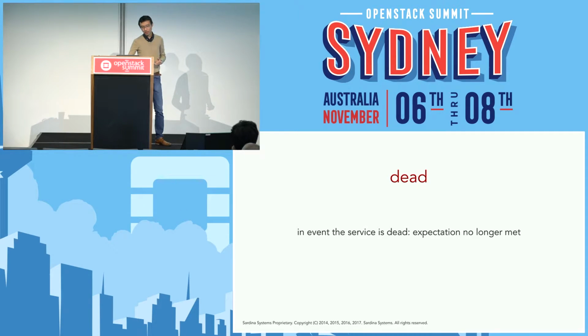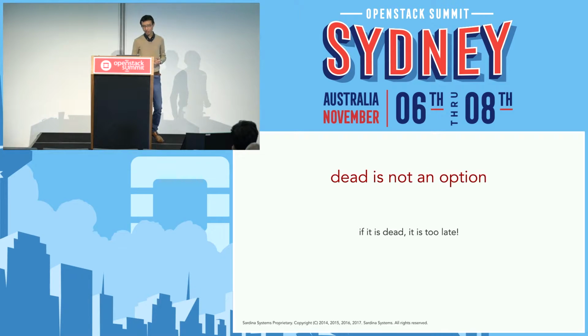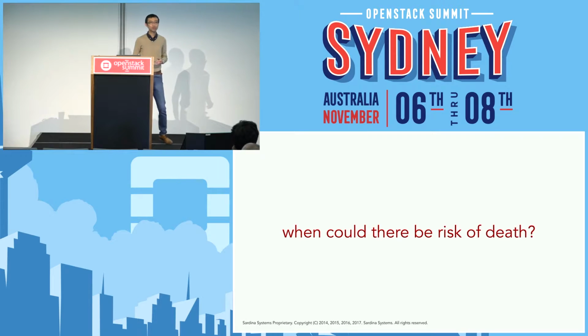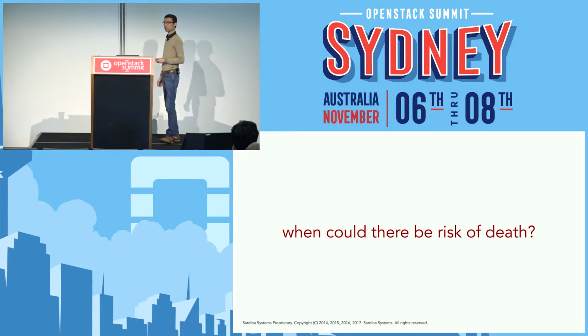But if it's dead, it's too late because the services are impacted and the service consumer is impacted, and somebody's not going to be happy, right? So when can there be risk of death? This is a very dark talk.